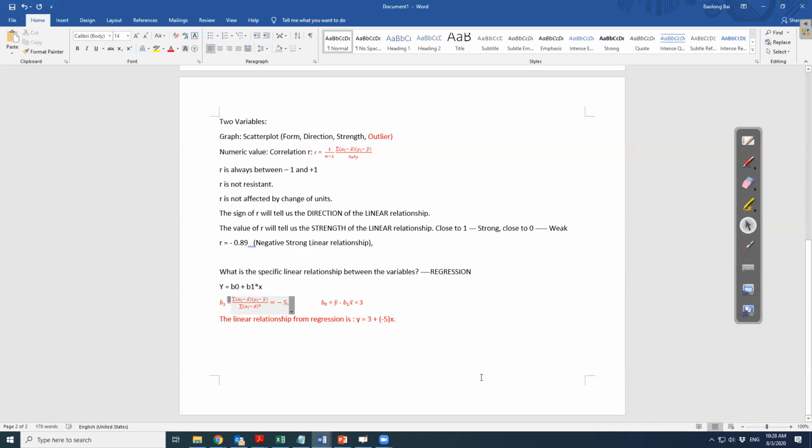So that will be the linear relationship you're looking for. Then from here, we can identify the slope, -5, which tells you when x increases by 1, y will decrease by 5, right? That's what the slope means.